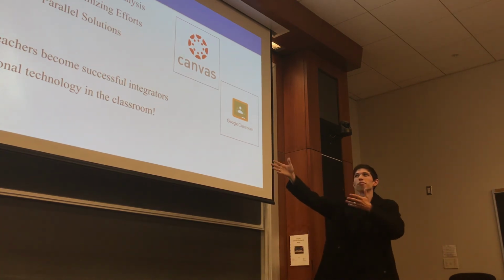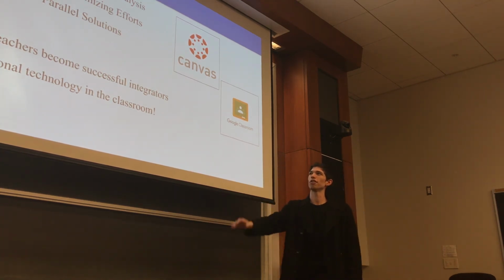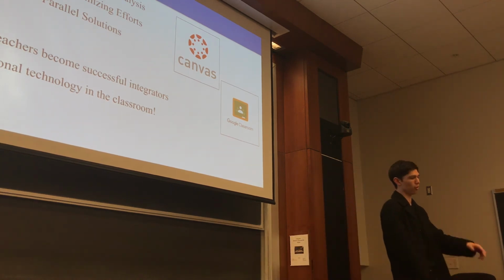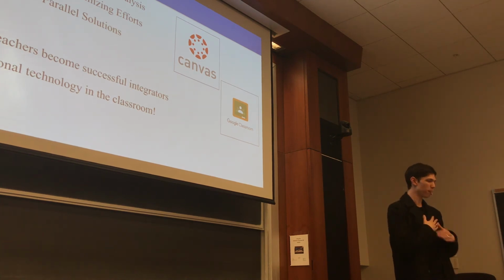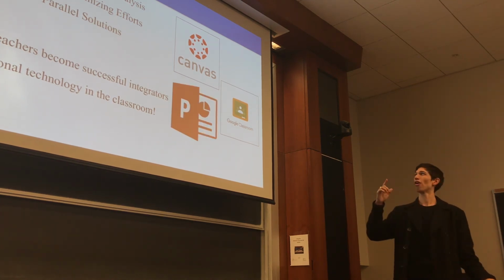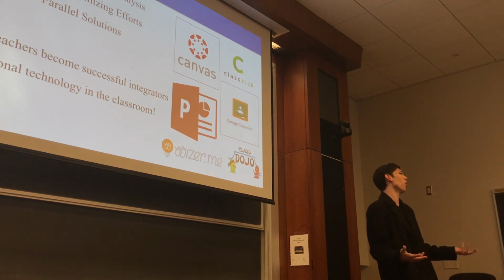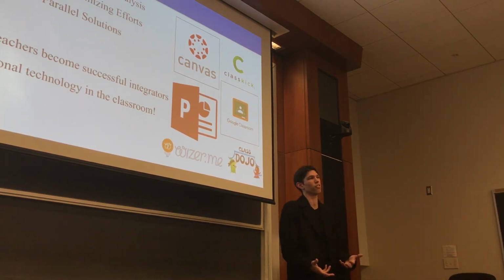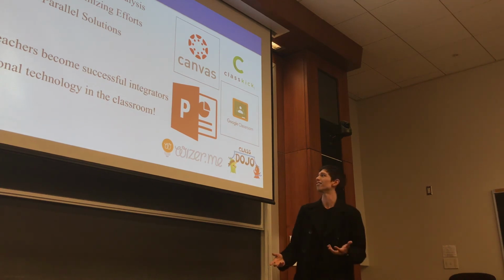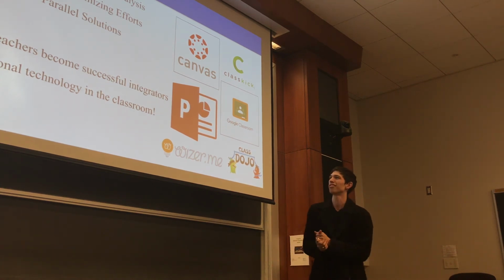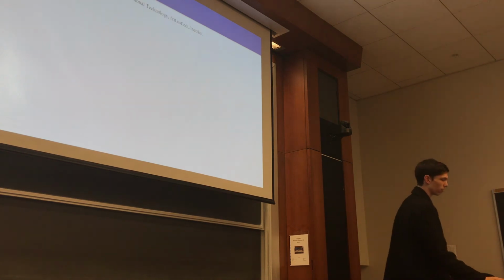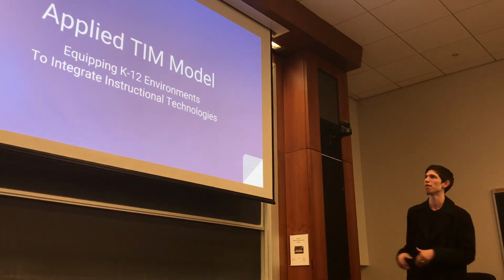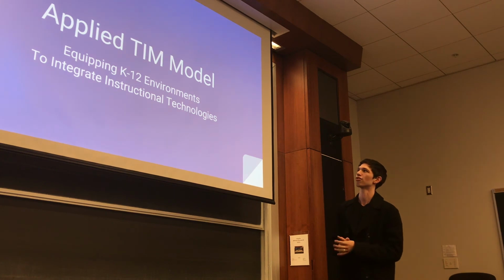And the eventual goal is pretty simple, to help teachers become successful integrators of educational technology in their classroom, whether it's Canvas or Google Classroom, something that they're forced to use, or, as is my passion, maybe they start exploring and they start trying new pieces of software, because now they know how to achieve the highest levels of technological integration in K-12 settings, and by doing that, you've given them a sense of agency that will presumably save them a lot of time and effort and allow them to focus on what they're really passionate about, which is the student outcomes. So that is the applied TIM model for equipping K-12 environments to integrate instructional technologies.